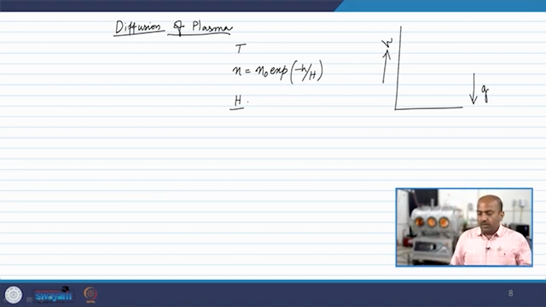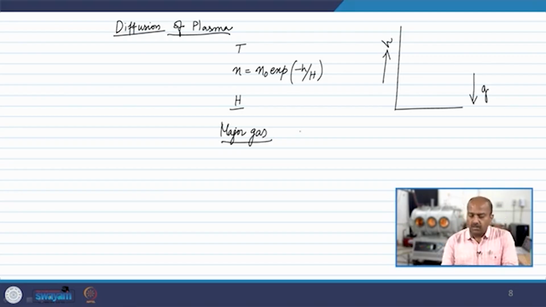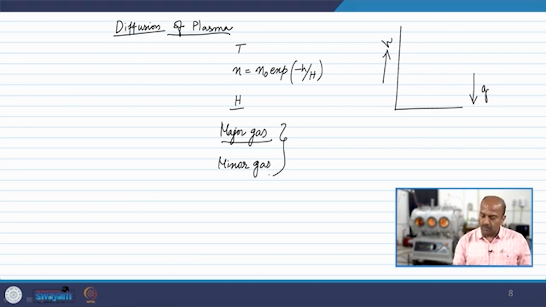So, for that to happen, we will consider a major gas. What is a major gas? One species, let us say, which is larger in concentration, and we will consider another species which is a minor species or minor gas, because we are considering plasma as a fluid, it is convenient to call them gas.